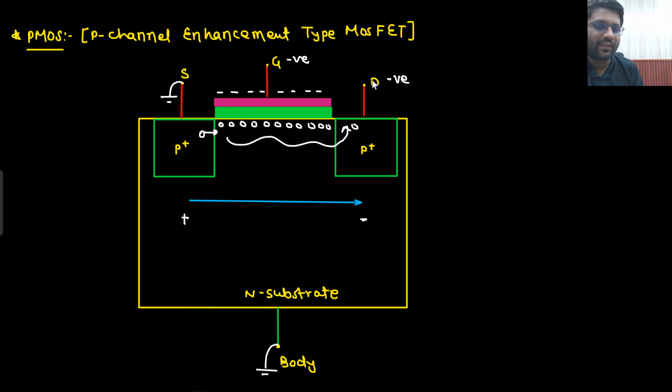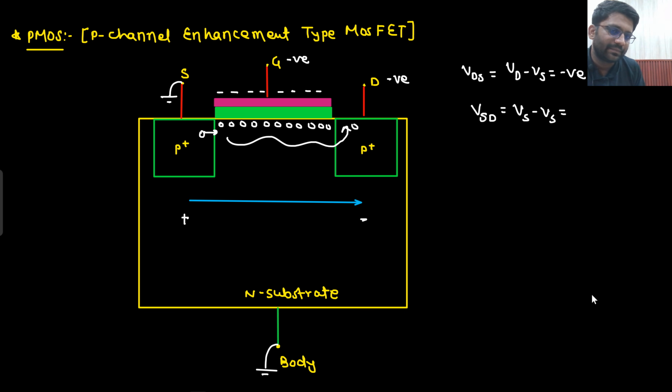So in the presence of electric field, now here I will talk about VSD. First let's talk about VDS. VDS would be positive or negative? VDS would be VD minus VS. VS is at 0, VD is negative. That means it would be negative. So what will be your VSD? VSD is VS minus VD.